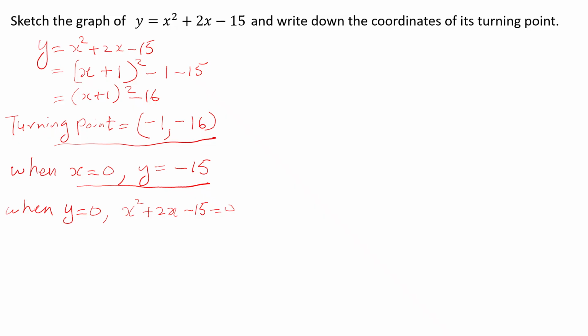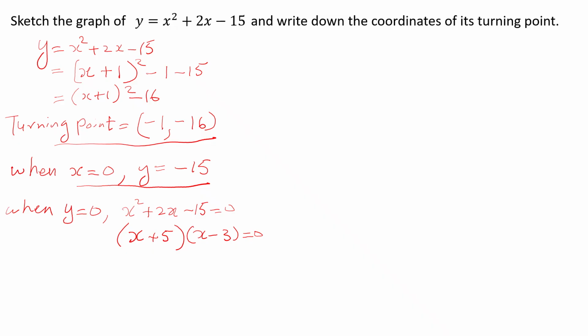So 3 times 5 is 15. So (x plus 5)(x minus 3) equals 0. If you add 5 and negative 3, you get positive 2, and if you multiply 5 times negative 3, you get negative 15.